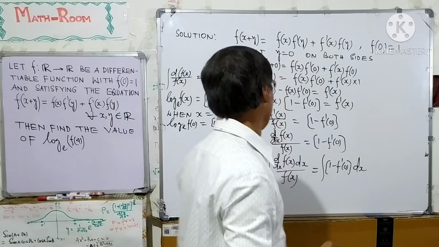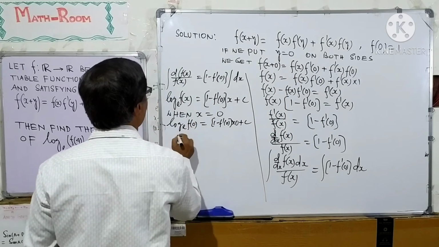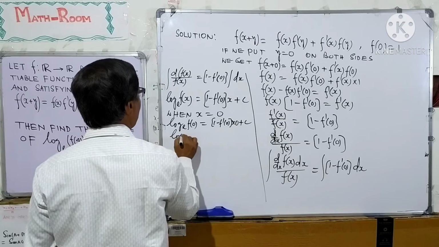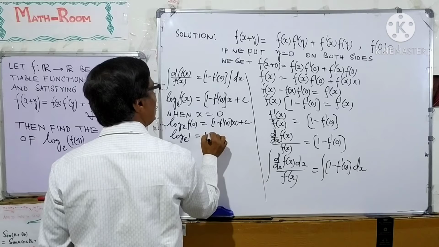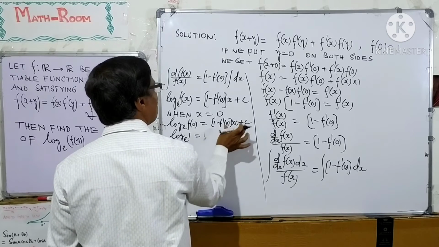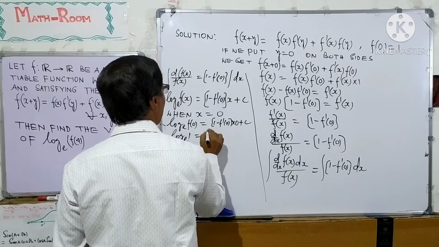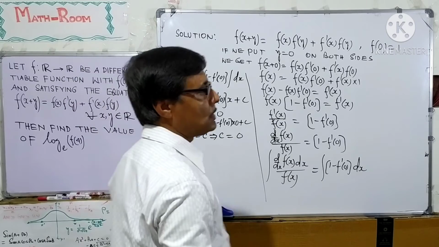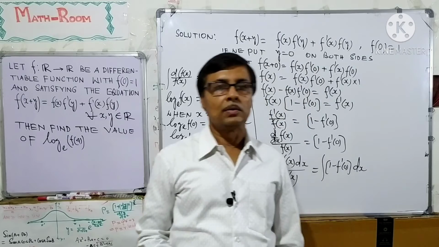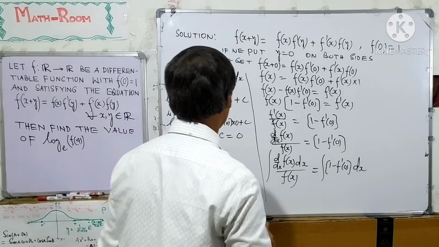We can put f(0) equal to 1 here, then we get natural logarithm 1 equal to c. Also, natural logarithm 1 equal to 0, so c equal to 0.